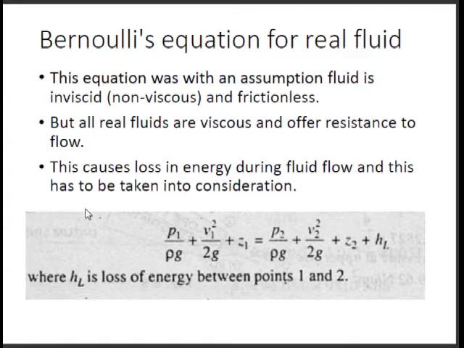Now our next point is Bernoulli's equation for the real fluid. As we know, Bernoulli's equation is p upon rho g plus v square upon 2g plus z is equal to constant. But here we are writing the Bernoulli's equation for the real fluid.